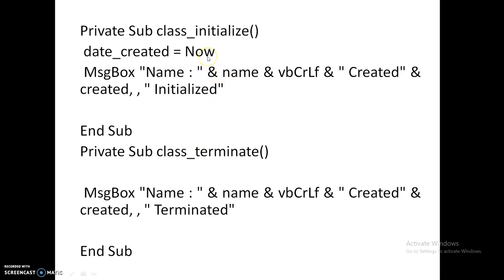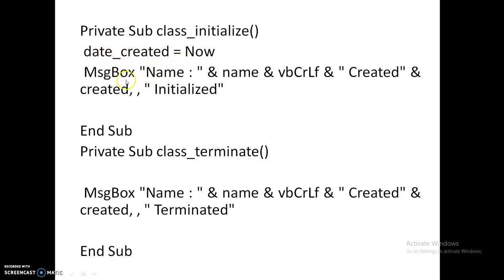When an object is being created, then the Initialize event will be triggered, and then the date created variable will be assigned the current date and time of the object creation. The Now function is used to represent the current date and time, so that is assigned to the variable date created.